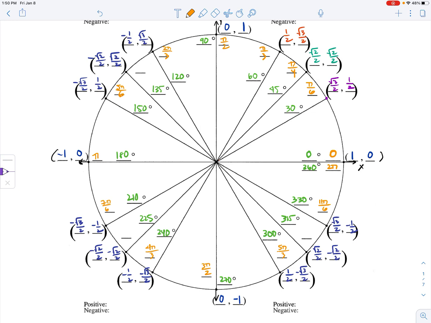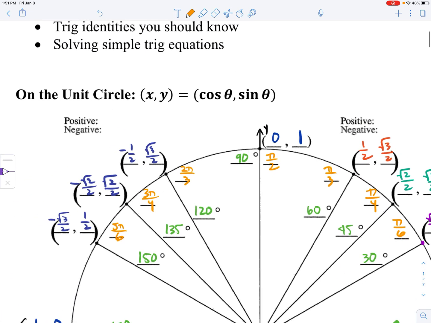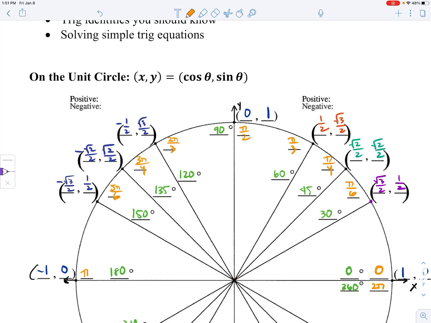If we start at pi over 4, 1 pi over 4, 2 pi over 4 is pi over 2. 3 pi over 4, 4 pi over 4 is pi. 5 pi over 4, 6 pi over 4 is 3 pi over 2, 7 pi over 4, and 8 pi over 4 is 2 pi. So now we have the angles for the unit circle written in radians and degrees.